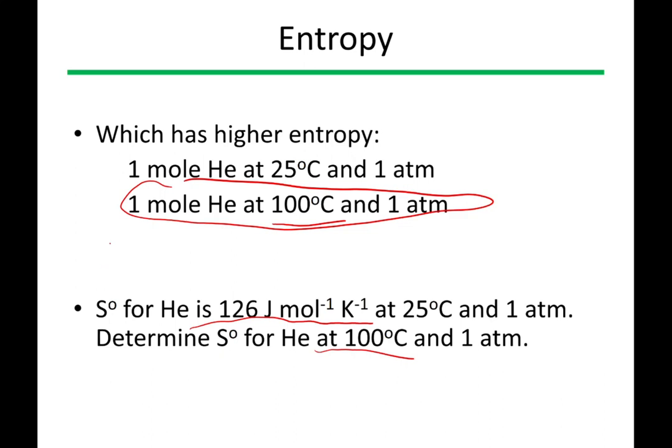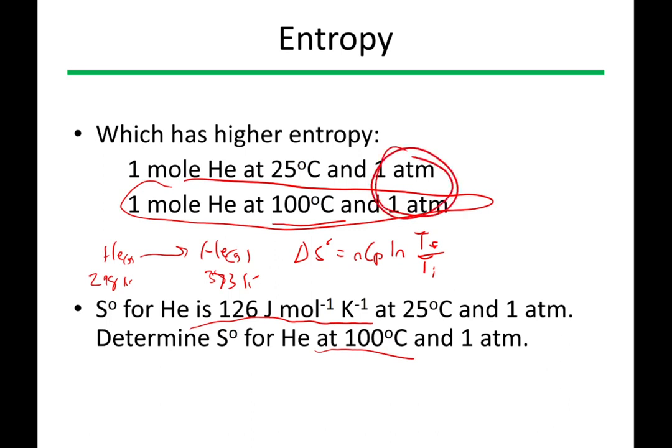So we're going from helium at 25 degrees C or 298 Kelvin to helium at 373 Kelvin. And so we can use this equation. The delta S is equal to n Cp ln final over initial, since this is a constant pressure process.